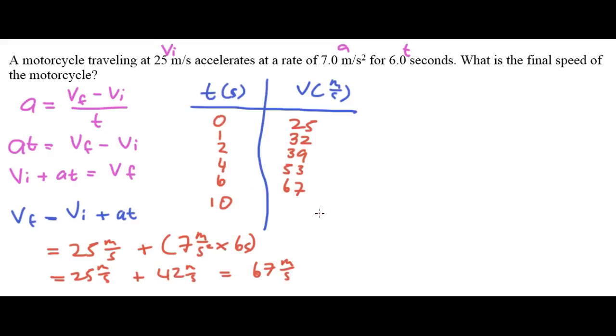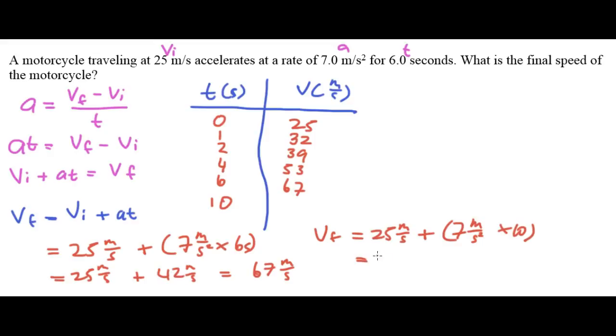Now let's have a look if the time were 10 seconds. So final velocity will be how fast was it going at the start? 25 meters per second plus its acceleration of 7 meters per second times 10 seconds.